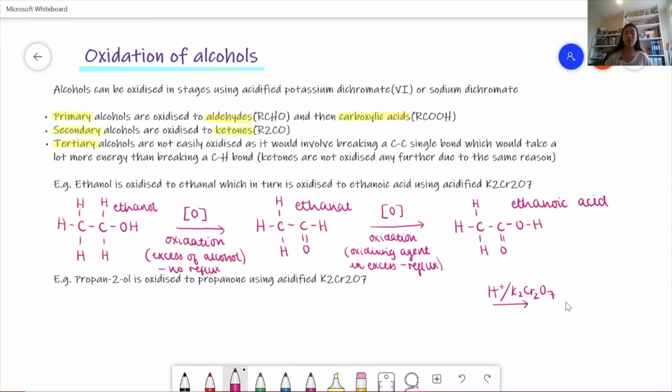Now for the second example, we have propan-2-ol, which is a secondary alcohol, and we're going to oxidize this to propanone, which is a ketone, using acidified potassium dichromate. So what we have is propan-2-ol, CH3, then CH, and this time we have the OH on this carbon, and then a CH3, and then we're going to use this square bracket and the O again, and we're going to form the propanone, so CH3, C double bond O, and then CH3.